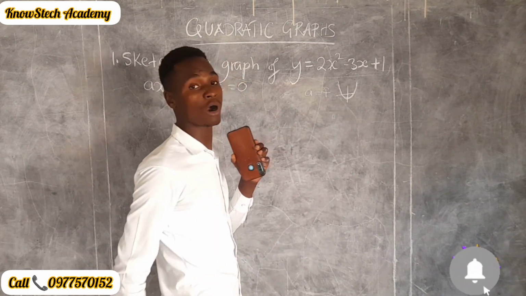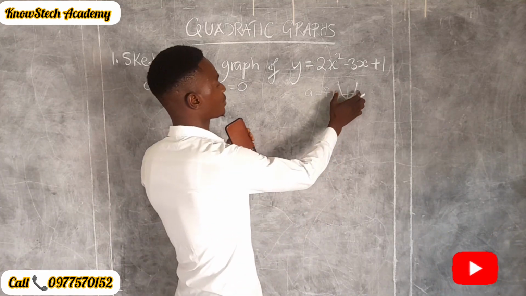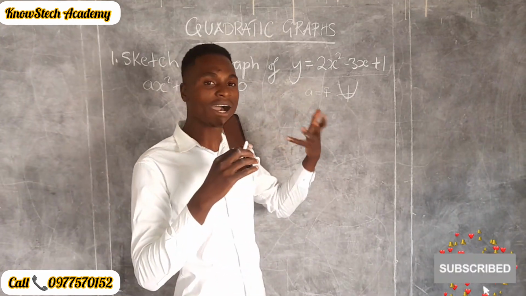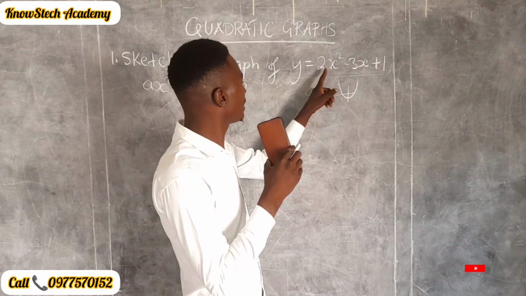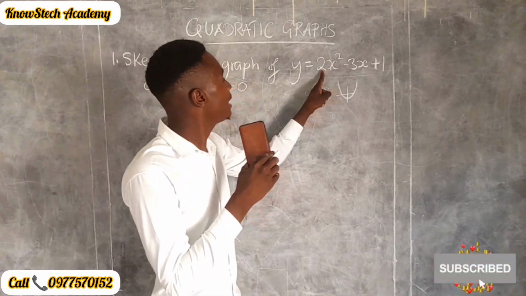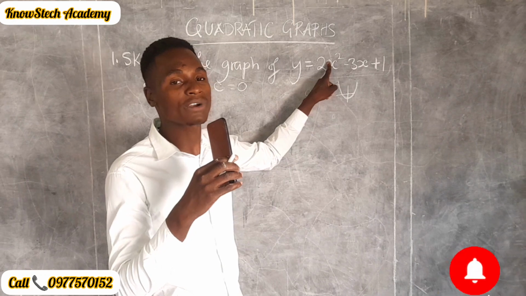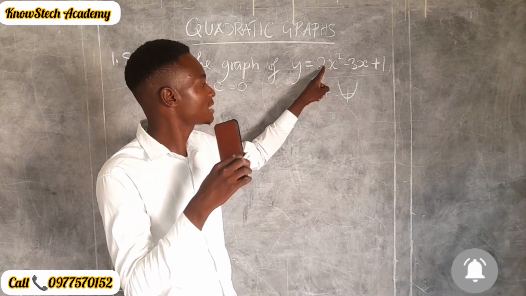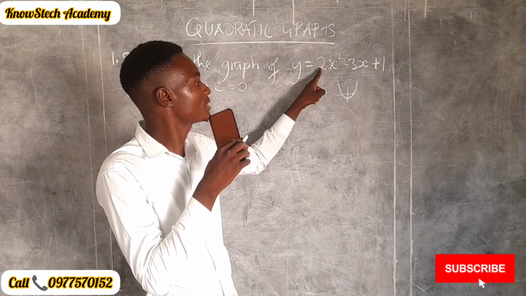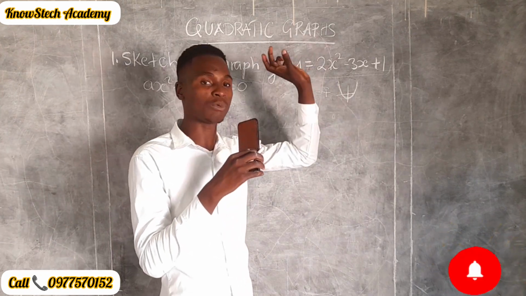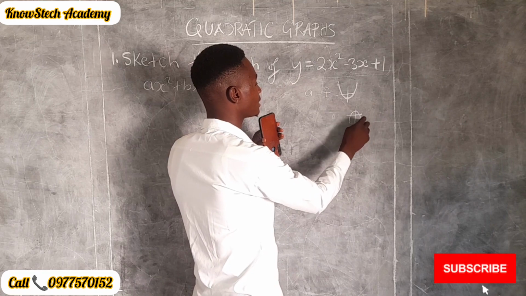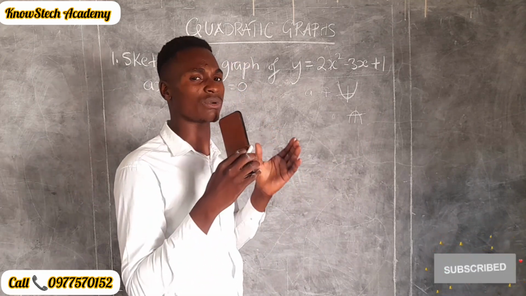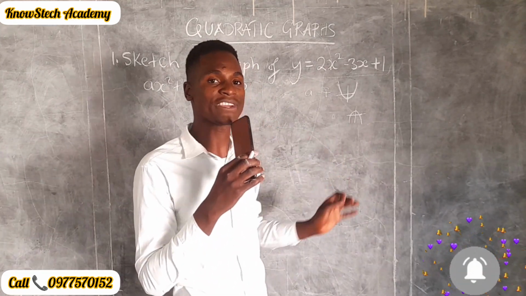It will open upwards. This is the value of a. A is the coefficient, the number in front of the variable squared. In this case it is this one, and it is positive, so our graph will open upwards. But if it was negative, our graph would have opened downwards, which is called a frown face.